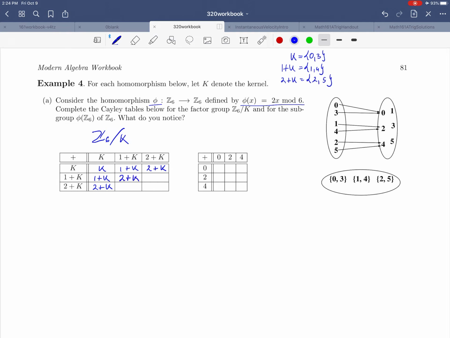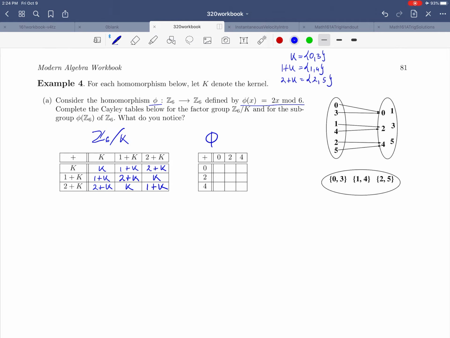We get something in 2 plus K. And if we take something in 1 plus K and add it to something in 2 plus K, we get something in 3 plus K, but 3 plus K is the same thing as K itself. So we get K, and for the same reason, we get K if we take something in 2 plus K and add it to 1 plus K. And if we take something in 2 plus K and add it to something in 2 plus K, we get something in 4 plus K, but 4 plus K is the same as 1 plus K. So here's our Cayley table.